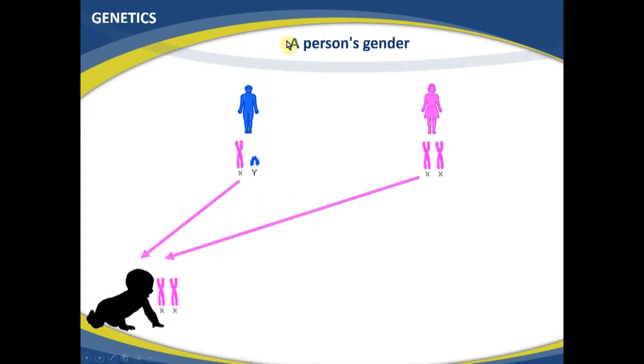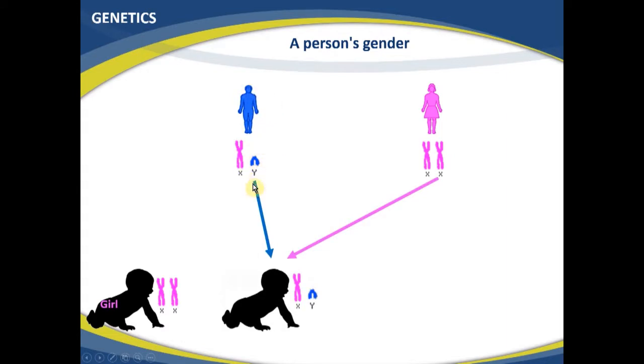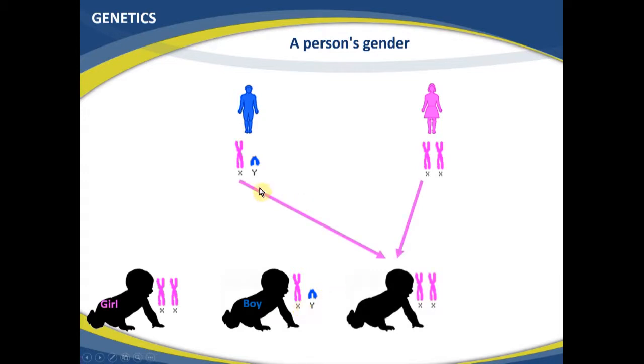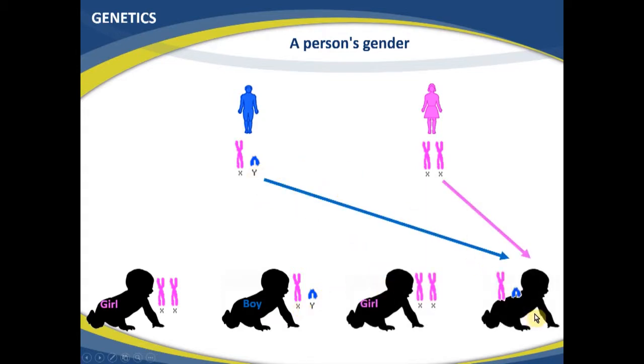So the man can pass on the X chromosome, and from mom, the baby will also get an X chromosome, so 2 X chromosomes, it's a girl. If the man produces a sperm that has a Y chromosome, so with a 50-50 chance, then the baby will get 1 Y from the father and 1 X from the mother, and will be a boy. Again, XX is a girl and XY will be a boy.